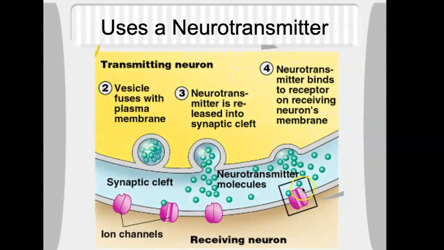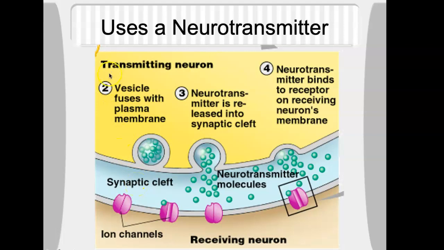If we looked at it in steps, we would have a vesicle full of neurotransmitter that's waiting in that cell. It's just sitting there, and it's going to wait until an action potential hits it before it does what? It goes to number 3 here, where it's secreted into that synaptic space or synaptic cleft.